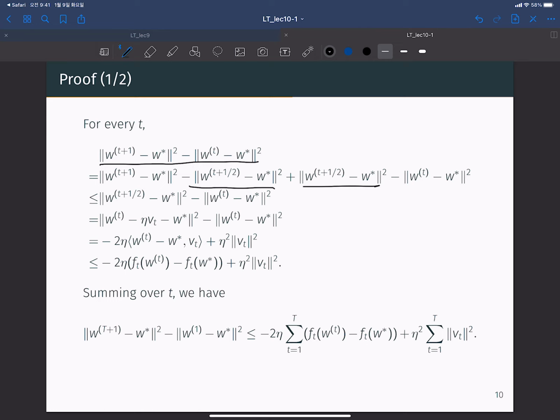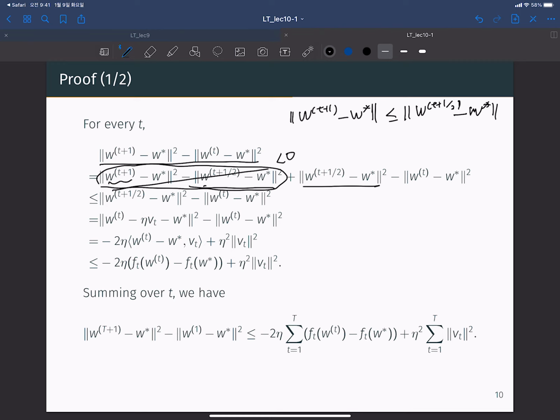And since w_{t+1} is the projected point of w_{t+1/2}, from the definition of projection, we know that the norm of w_{t+1} minus w star is less than or equal to the norm of w_{t+1/2} minus w star, because w star is inside our hypothesis class. So using this fact, we can erase this term. So we can upper bound this term by 0.